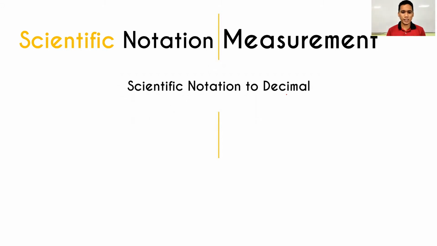So this time, if the exponent of your scientific notation is positive, the movement of your decimal point is from left going to the right.